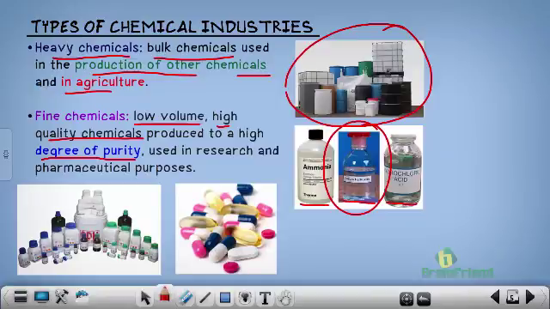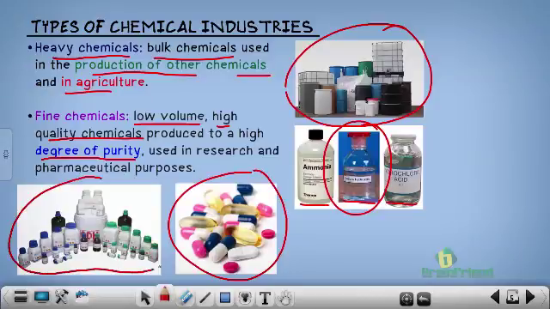Examples of products they make are the drugs we take for the treatment of ailments and other pharmaceutical substances. As you can see here, we have drugs and some pharmaceutical substances produced by the fine chemical industries. Note, they produce these substances under high degree of purity and competence.